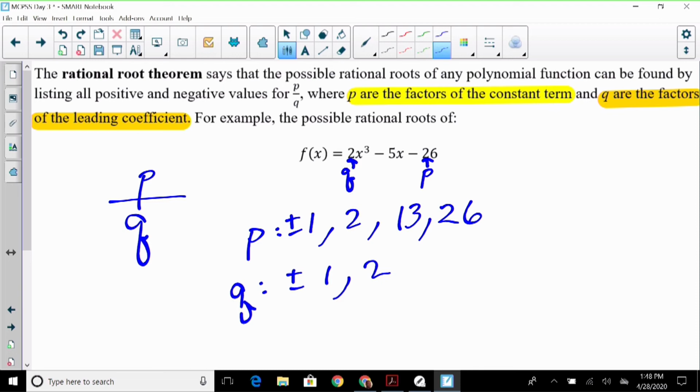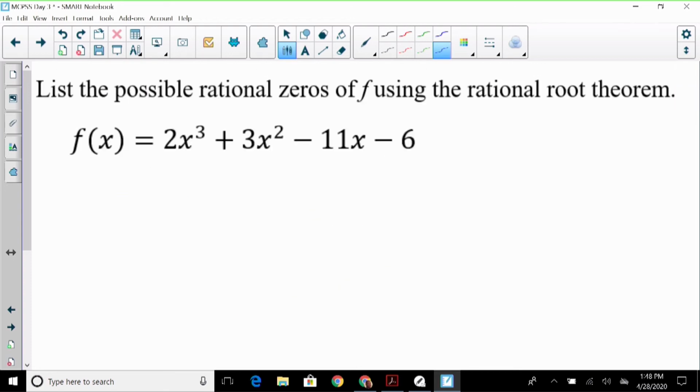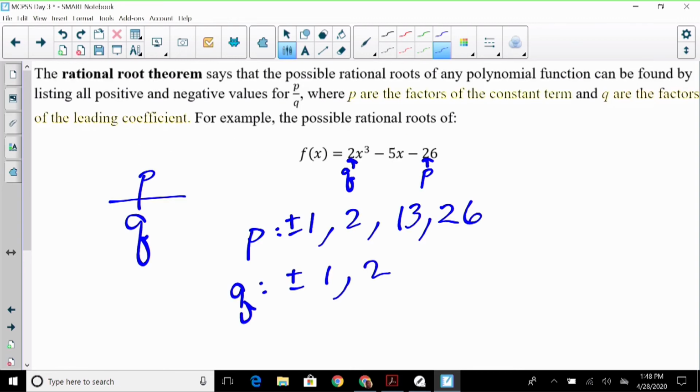So these are the possible rational roots for this function. So, list the possible rational zeros of f using the rational root theorem. Looking back at what we just did, you take all of these.